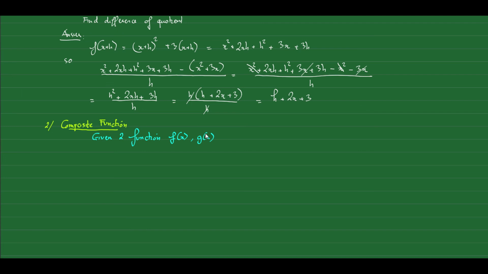Now, if g of x is the input of f of x, then we can create a new function called a composite function. It is notated as f composed with g, or you can write it as f circle g, f composed with g of x.